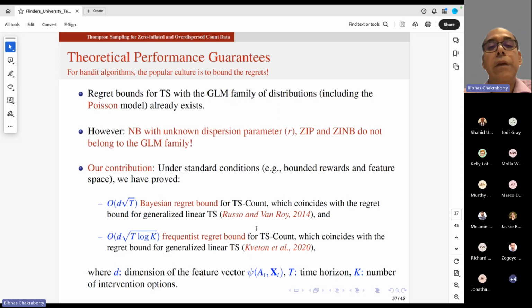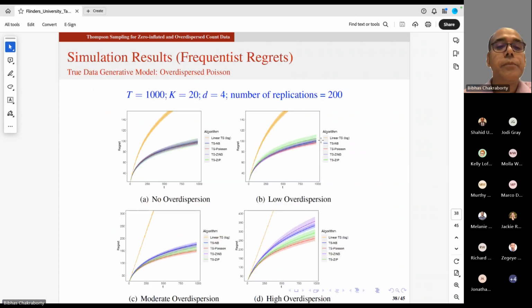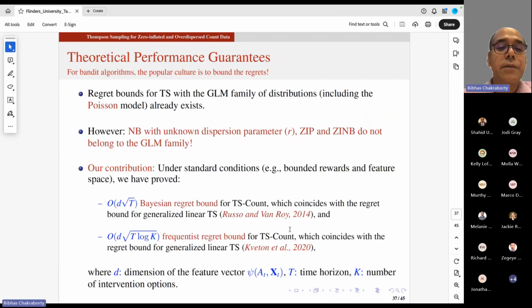So even though these distributions are not strictly within the GLM family, we show that in terms of regret, it doesn't matter. They are comparable. And the frequentist regret bound is bigger, of course, because this deals with the worst case scenario, not on average. So this gives different kinds of protection.